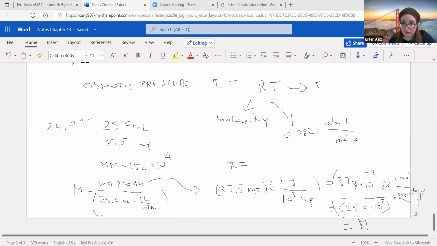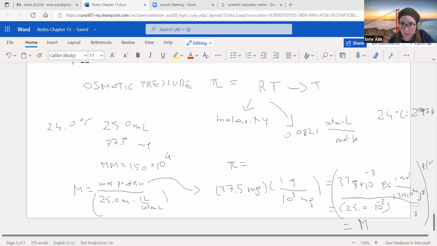We take this whole thing and multiply it by R, and then multiply by our temperature, T. The problem says it's 24 degrees Celsius, which is 297 degrees Kelvin.